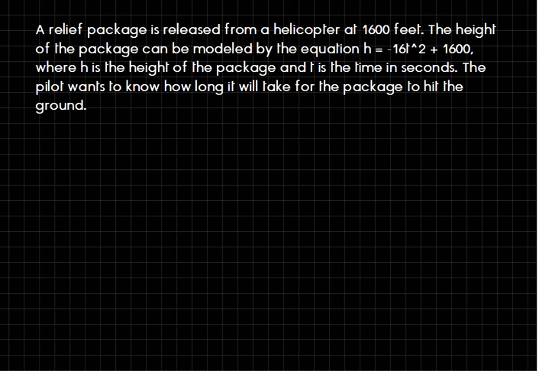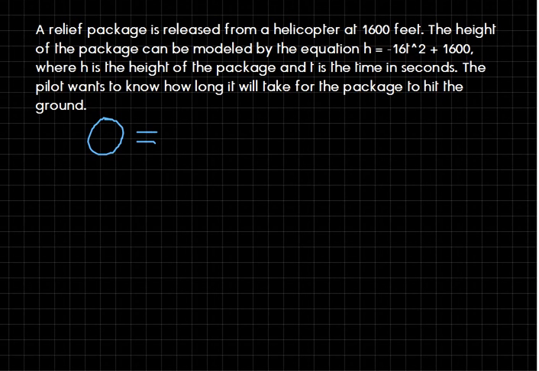We're trying to find what t is when h is 0, basically. h is height, so if we're 0 feet from the ground, we're on the ground. So we'll set up the equation like this.